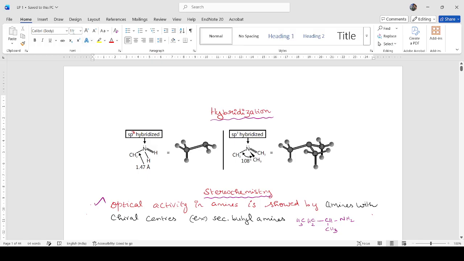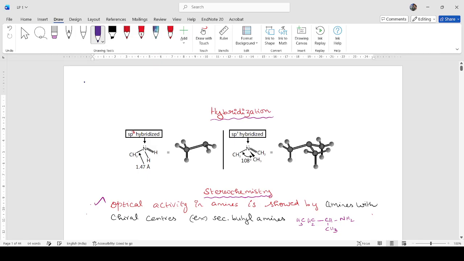So the first thing about amines you have to understand is that I have RNH2 here. This is called a primary amine, where the nitrogen with its lone pair is bonded with one R group.